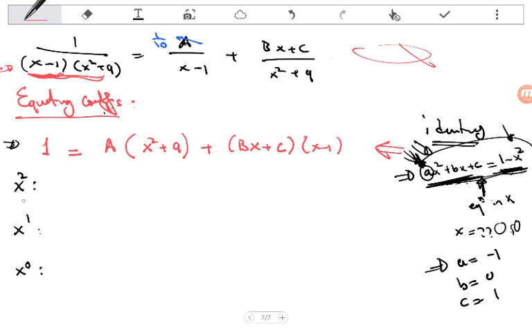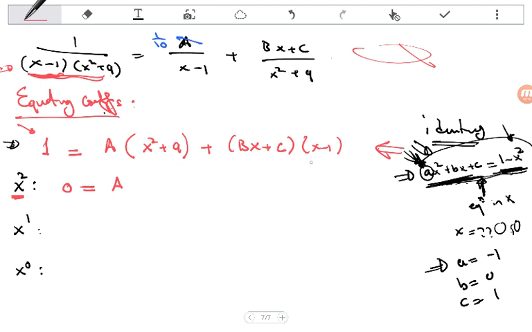Now I want to equate the coefficient of x squared both sides. What is the coefficient of x squared in this side? It is 0. So 0 is equal to what is the coefficient of x squared in the right hand side here? It is a, only a, or can I find some other x squared?